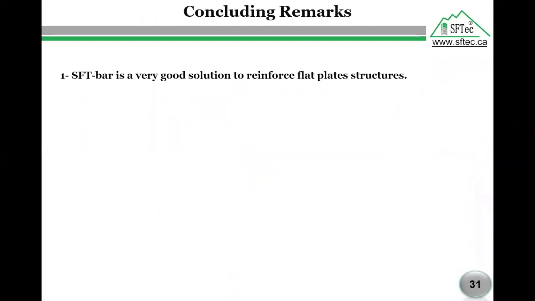Based on the presented slides, the following concluding remarks can be drawn. Number one, FRP rebar is a very good solution to reinforce concrete infrastructure located in harsh environments. Number two, FRP bars have been used successfully in hundreds of bridges, parking garages, pavements, piles, and foundations across Canada and the US.